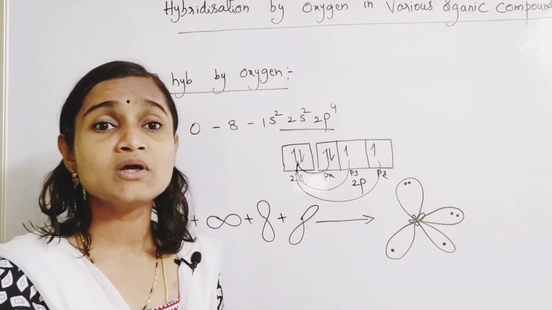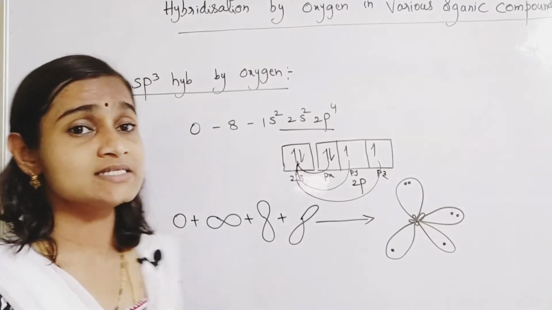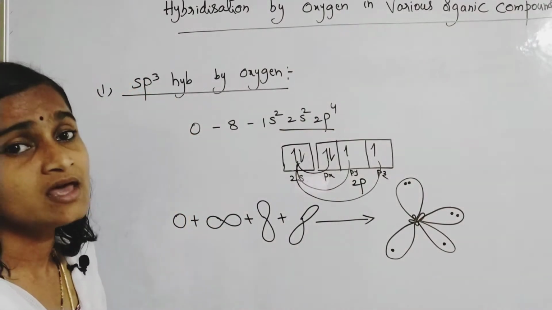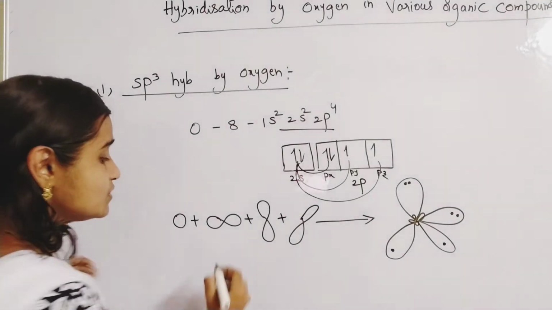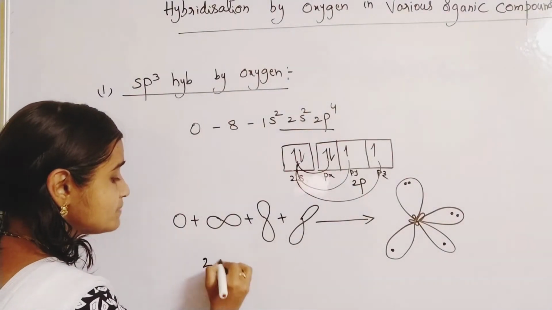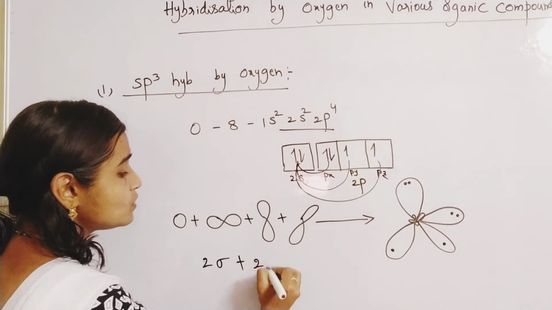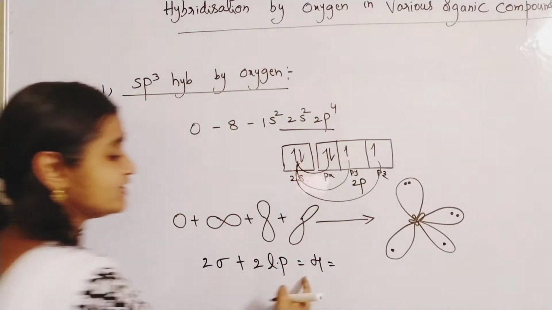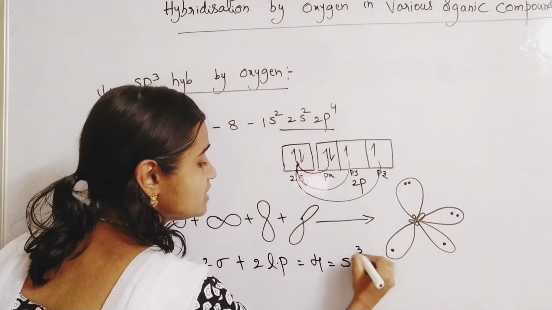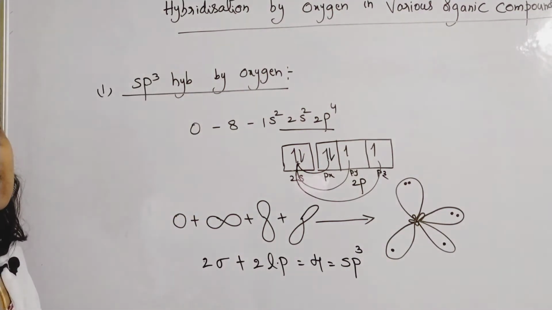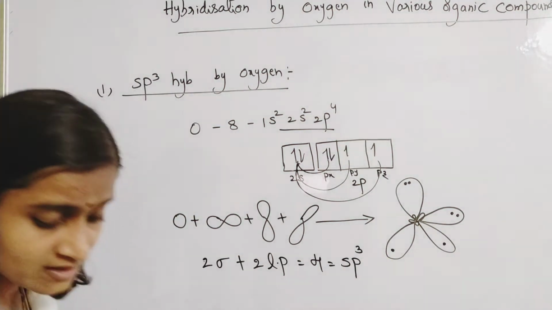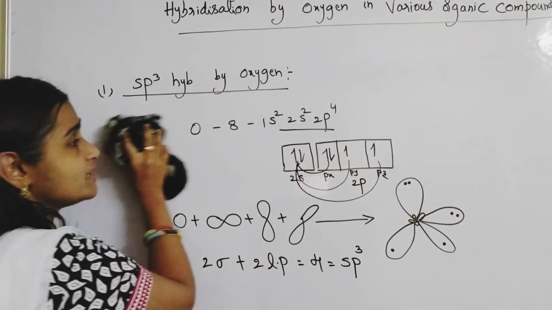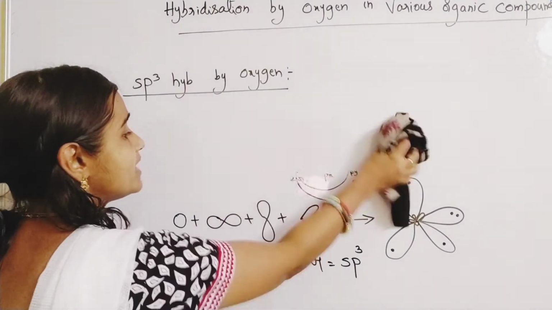So 2 sigma bonds and 2 lone pairs, if considered together, gives a total of 4, and the hybridization involved is what? sp3 hybridization. Every one of us knows this point. So this is how sp3 hybridization is exhibited by oxygen.